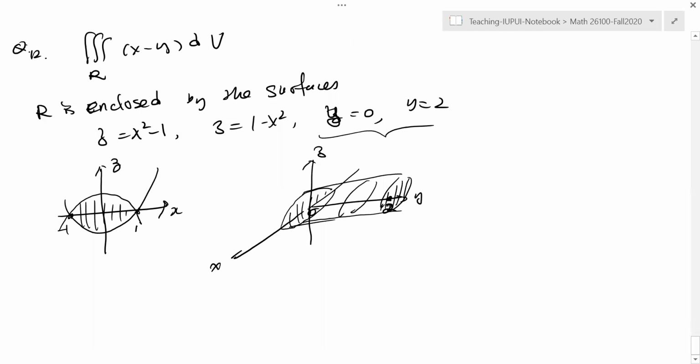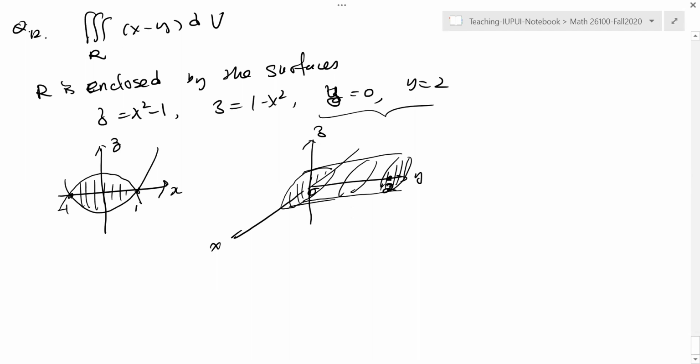Now, what is the best way to solve this problem? There are a couple of ways to do it. I'm going to set up 2 iterative integrals, but I'm not going to evaluate them. You can do that; maybe we don't have time yet. It's already 10:07.